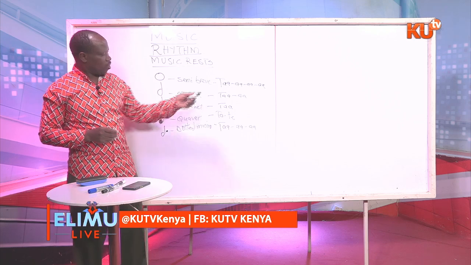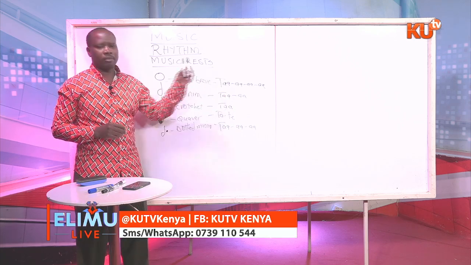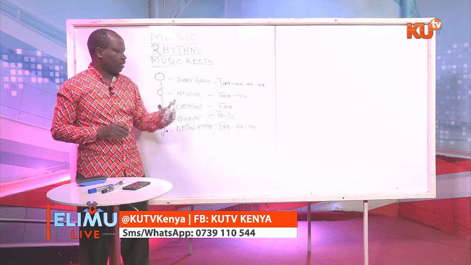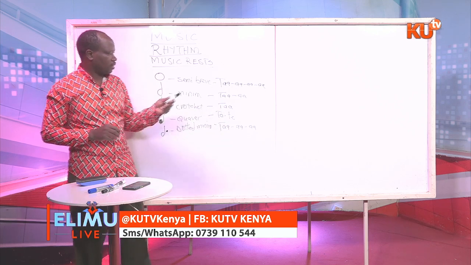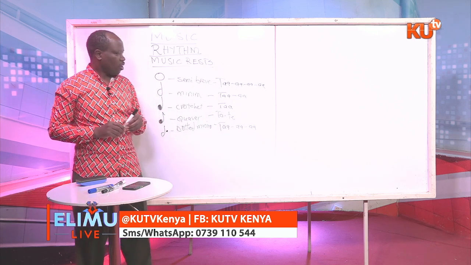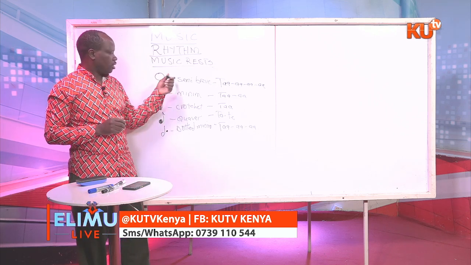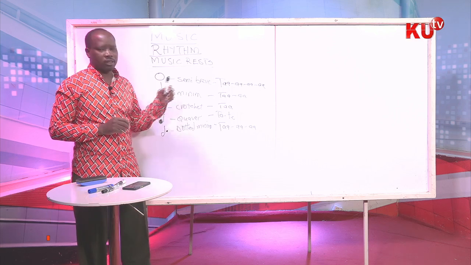Now, what's the importance of these French rhythm names? As we saw in our previous lesson, they give us the length or the value or the beats of each of these music notes.